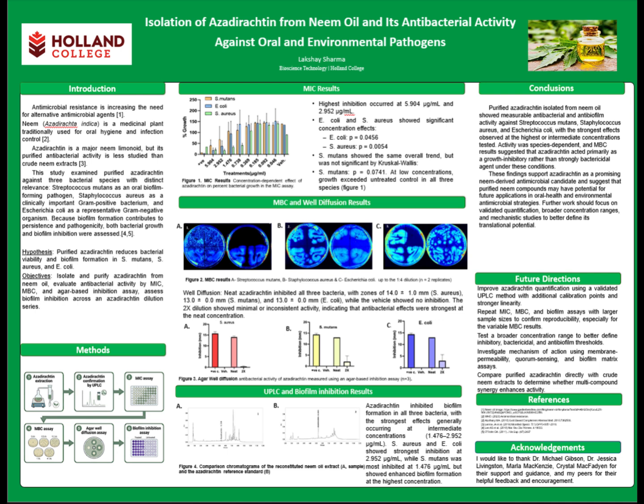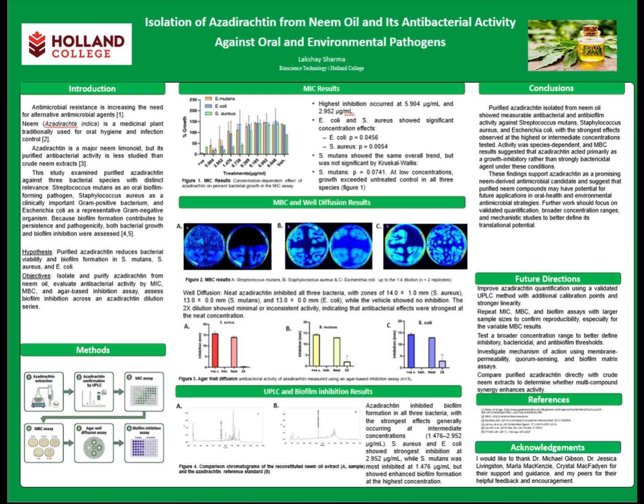As the concentration decreased, growth increased, and at the lower concentrations it often rose above the untreated control. Statistically, azadirachtin concentration had a significant effect on E. coli and S. aureus, but not S. mutans, by Kruskal-Wallis analysis.